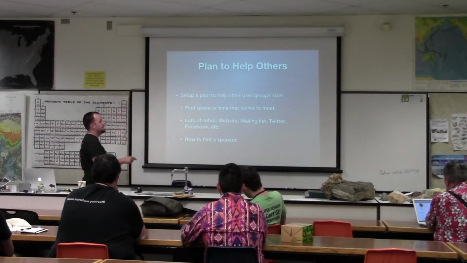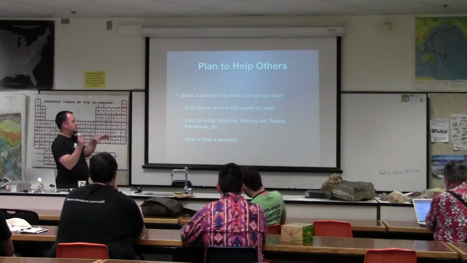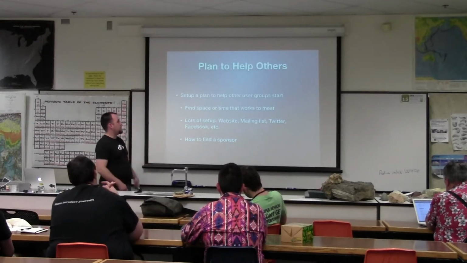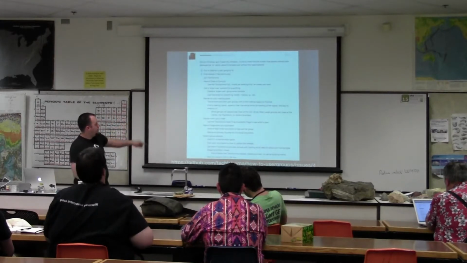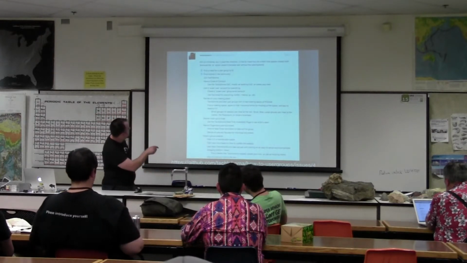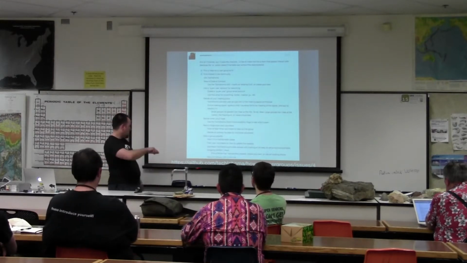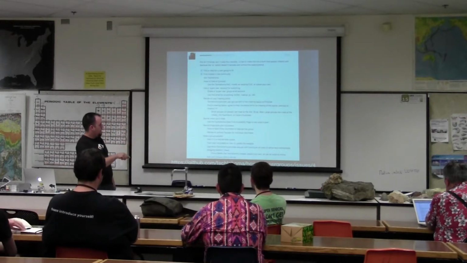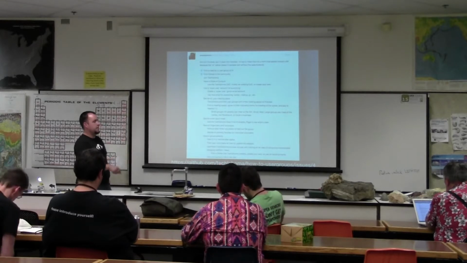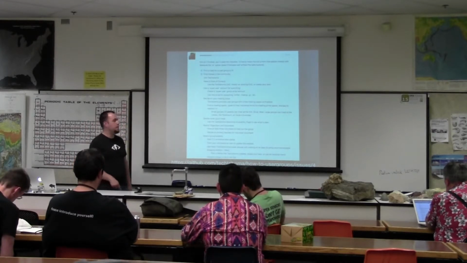There's lots of setup: website, mailing list, Twitter, et cetera, how to find a sponsor. We have this massive checklist, you can't see the outlines of the checkboxes. These are each little checkboxes in a GitHub repo. And you can't really see this URL down here, but if you go to github.com/Techlahoma, all of our Git repositories are there.